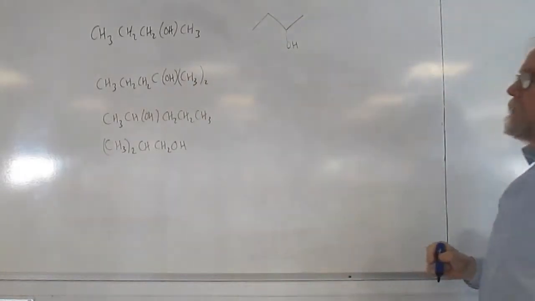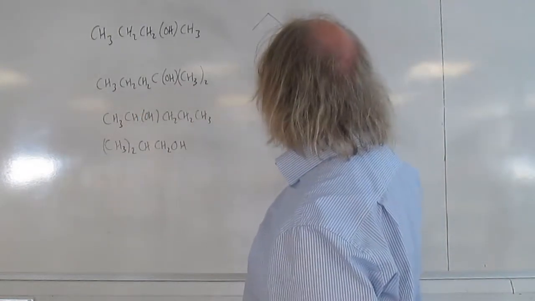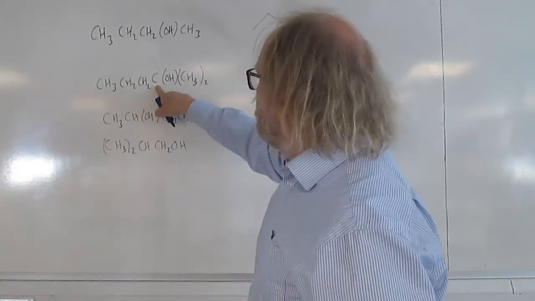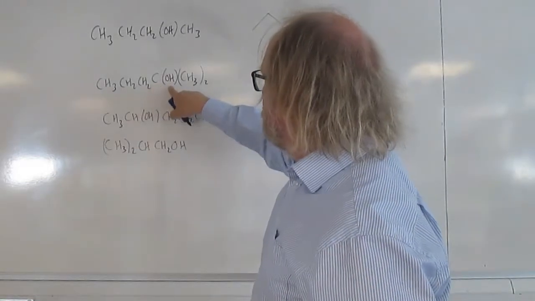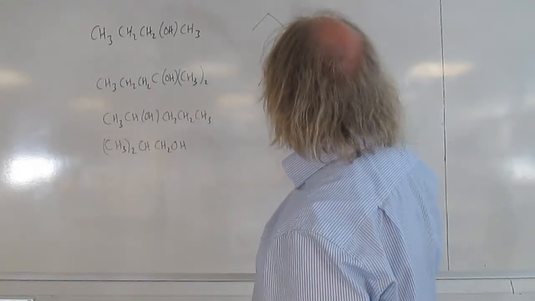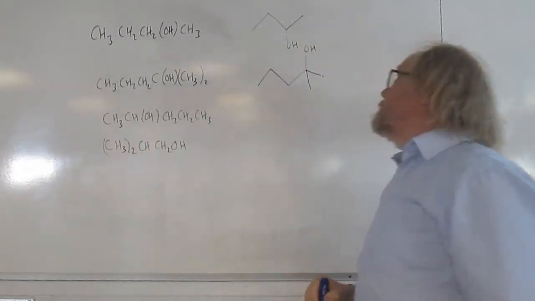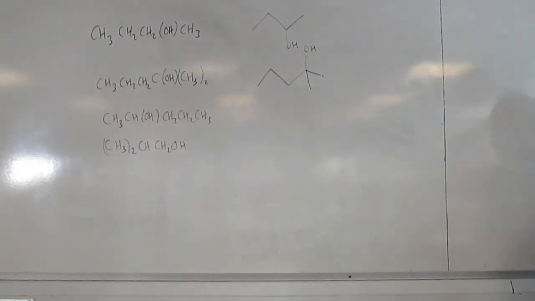So that's that compound. This one, you've got a chain of 3, 1, 2, 3, and then the 4th carbon, which is this one, has an OH and 2 methyl groups attached to it. So there's your 4th carbon, and it has an OH, and it has 2 methyl groups attached to it. So that is your compound.